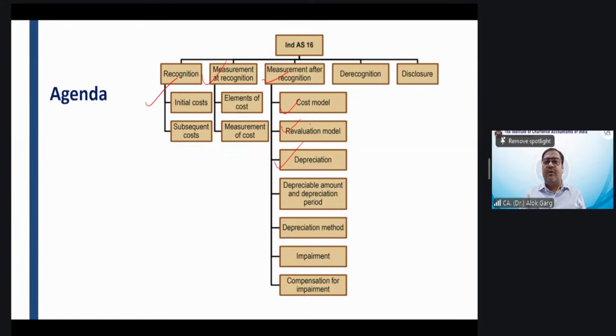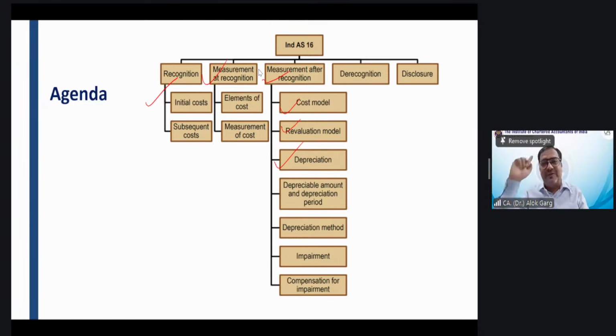Friends, I'm sure the cost model and revaluation model, each and every one of you have gone through in your life. Yes or no? Have you ever covered cost model or revaluation model?